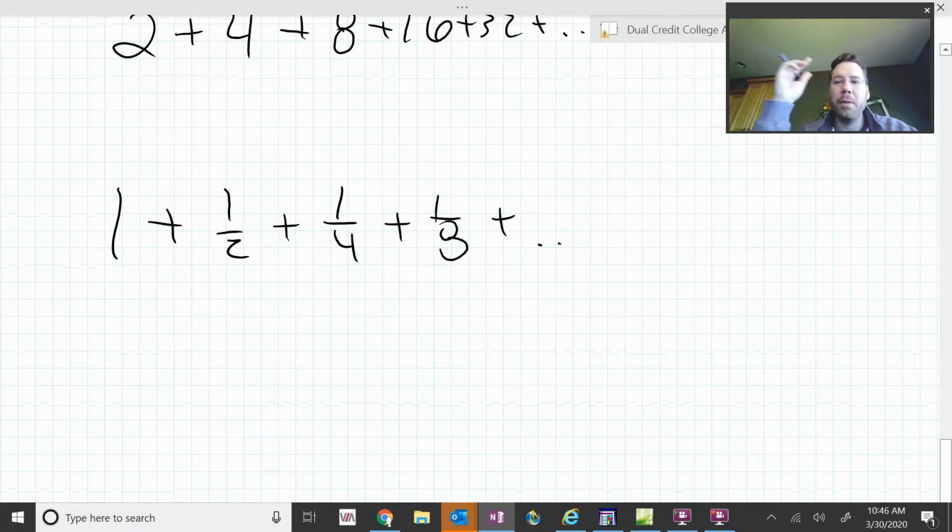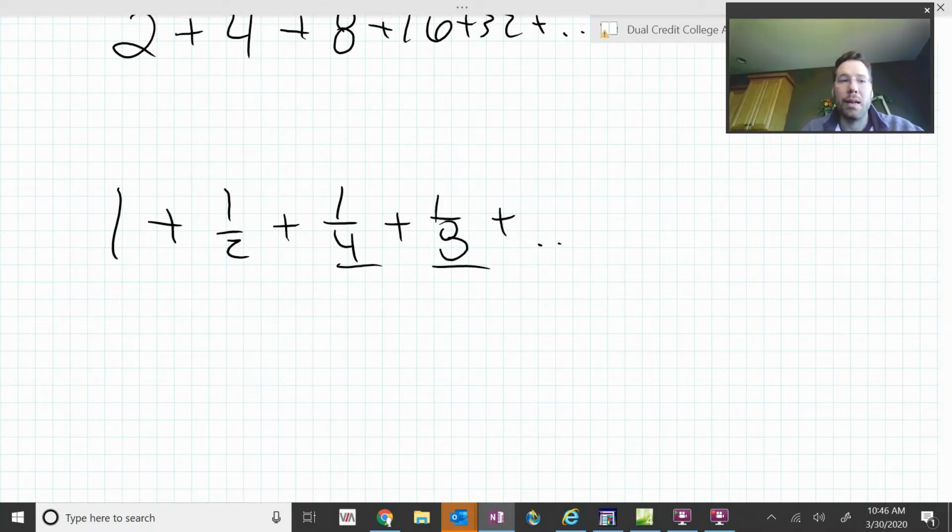Now, you might be tempted to say infinity because you keep adding something. And that's true, but the thing you're adding is getting very small. And it's actually getting small quickly. And that's actually important as well when we talk about this language of convergence.